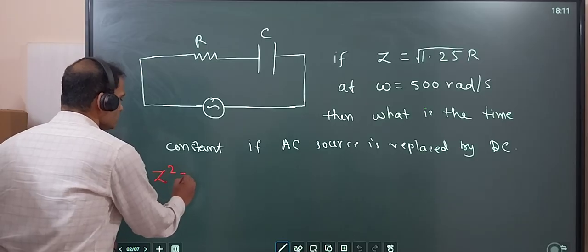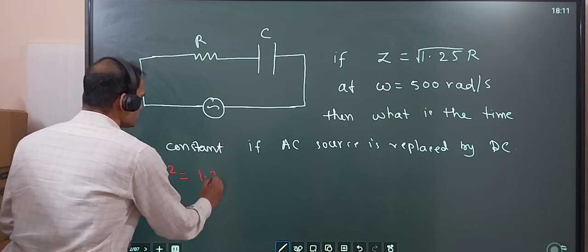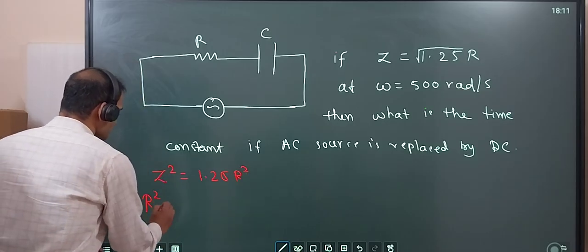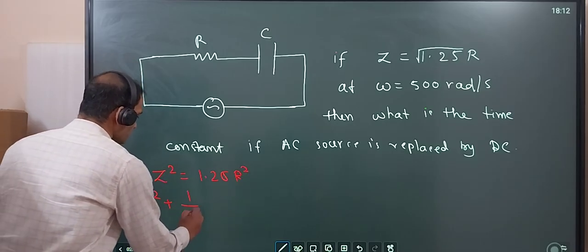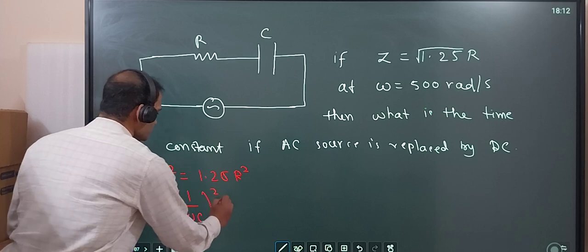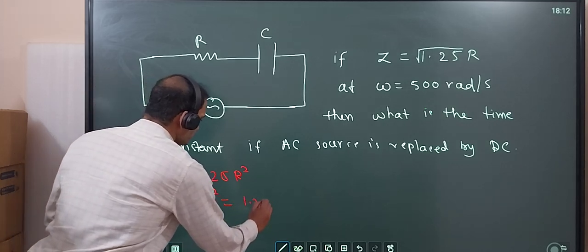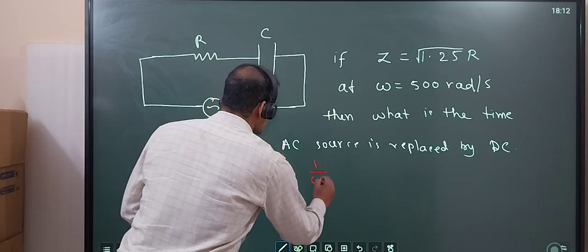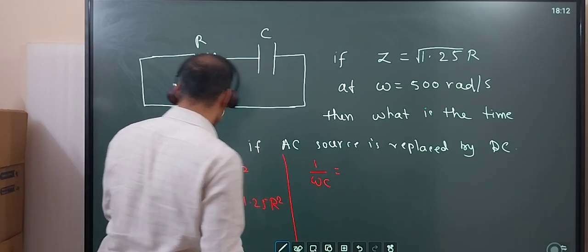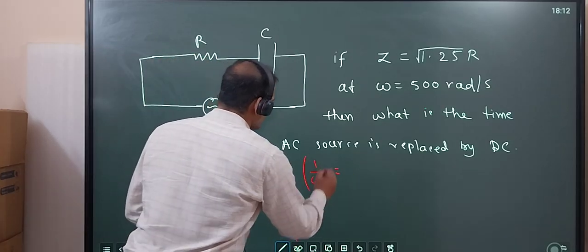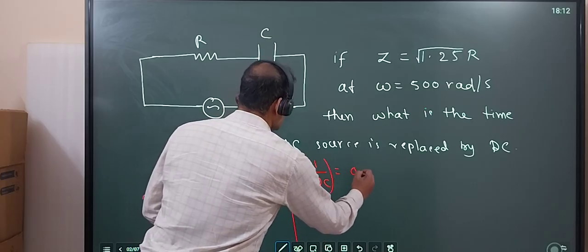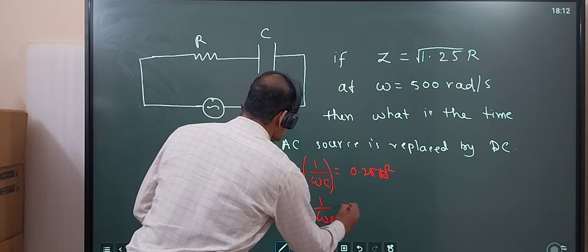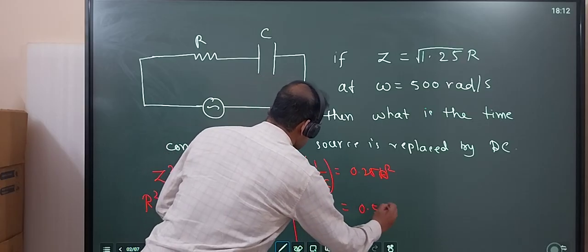So if you square it, you will get 1.25 R square, and the value of Z is square root of R square plus (1 by omega c) the whole square. 1.25 R square. So (1 by omega c) the whole square will be 0.25 R square. 1 by omega c will become 0.5 R.